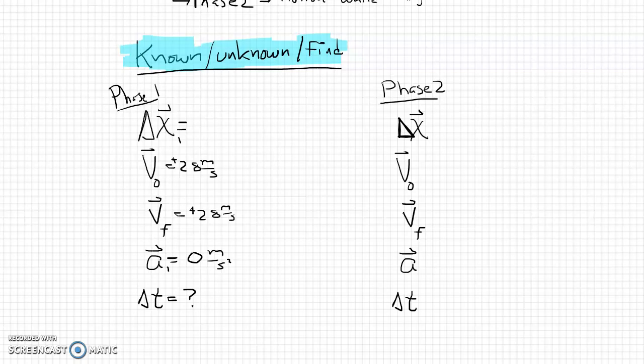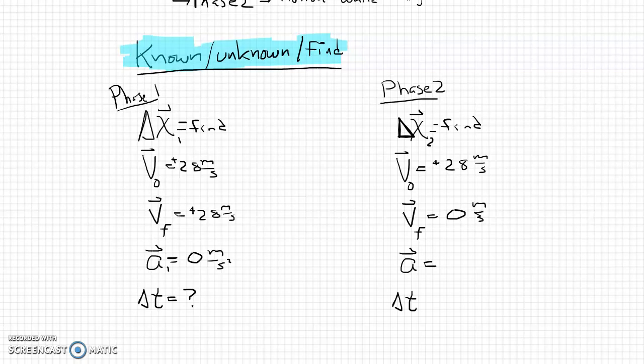Likewise, I've listed here all the things I could possibly know. Delta x2 is kind of what I'm trying to find, because ultimately I'm trying to find out how far this car travels. When we pick up with phase 2, the car is still traveling at 28 meters per second, and we know that it's going to come to rest, so it's going to be traveling at 0 meters per second at the end.